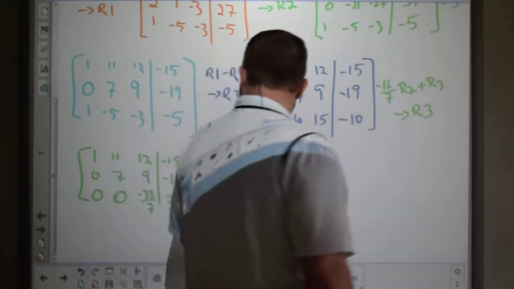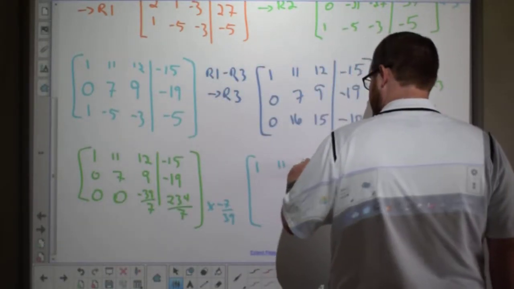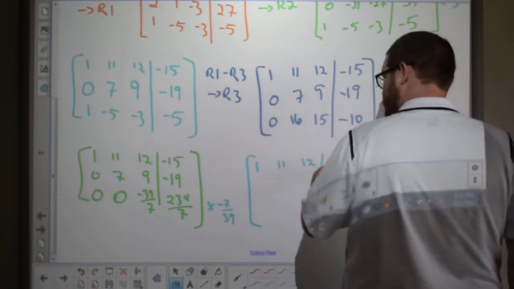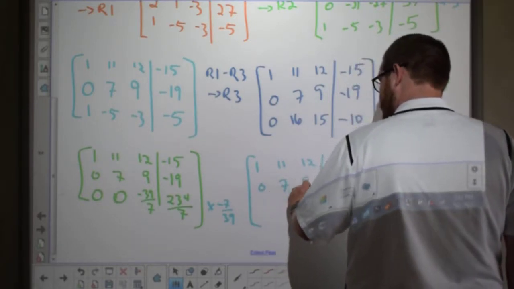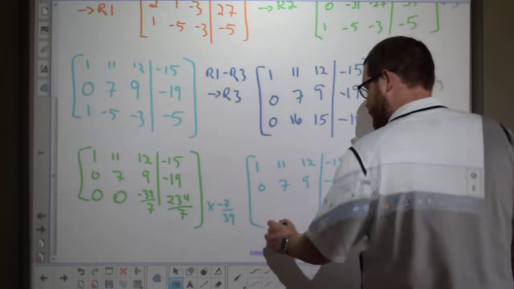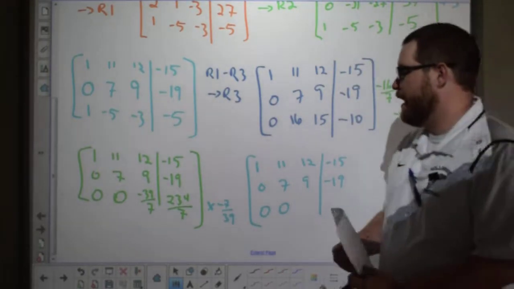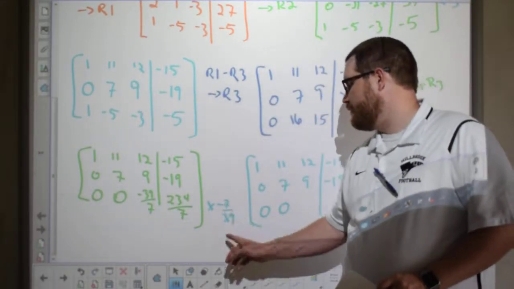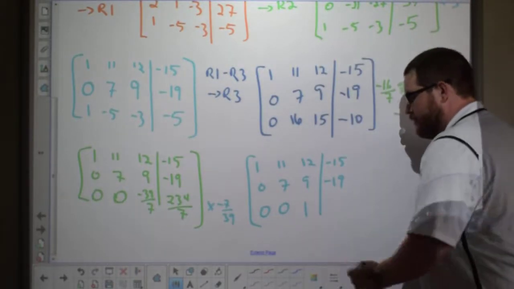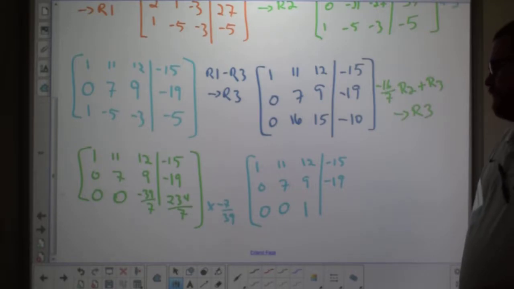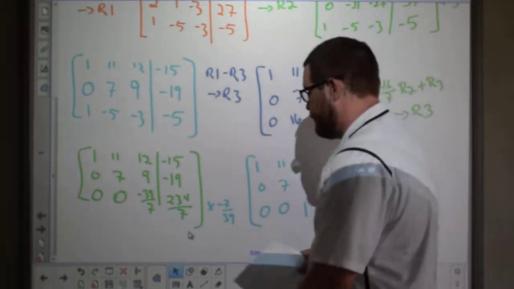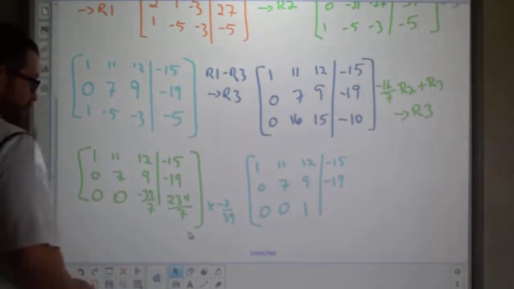I'm going to leave rows 1 and 2 be. If I multiply 0 by anything, it stays 0. If I multiply negative 39 sevenths and negative 7 39ths, I get the 1 that I want. But now I've got to do 234 sevenths times negative 7 over 39.